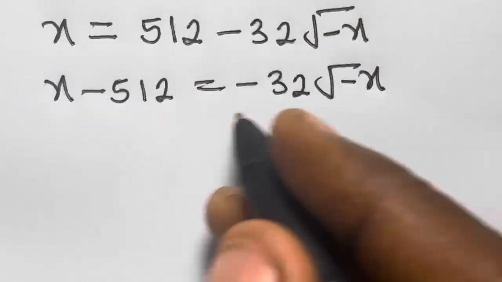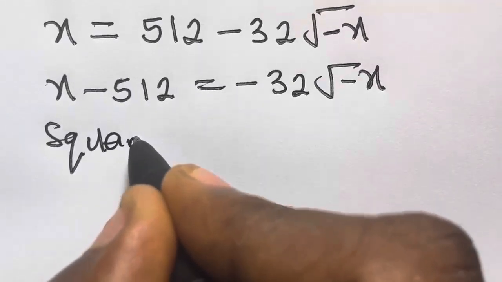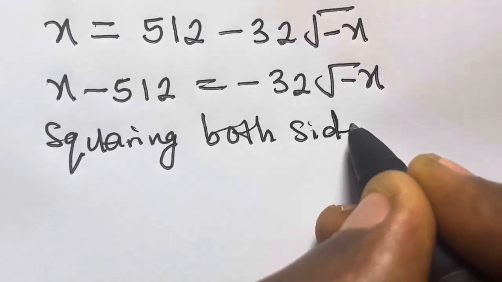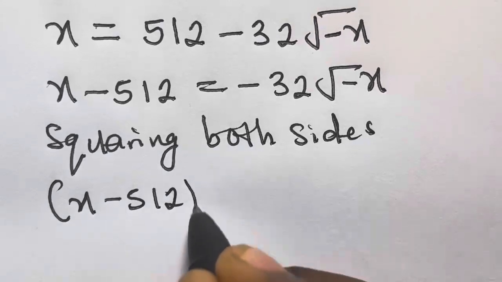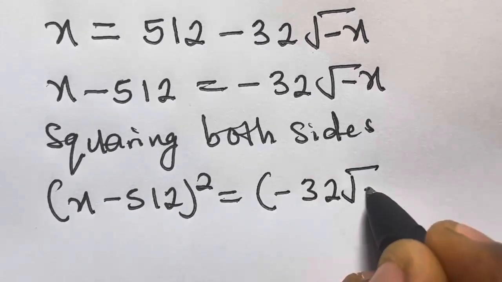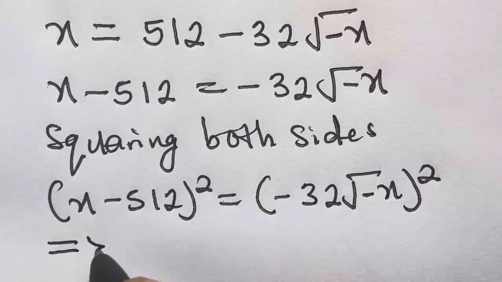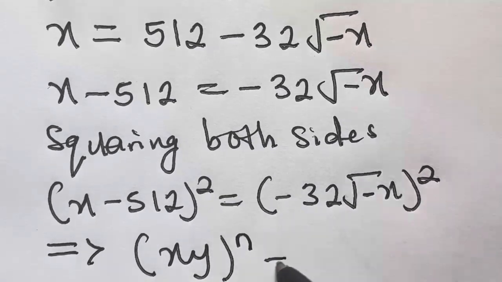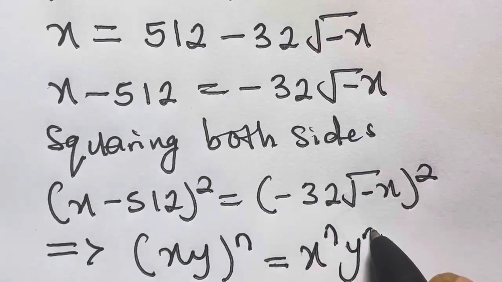Again, to move further, we have to square both sides. So squaring both sides, we'll have x minus 512 squared equals minus 32 square root of minus x squared. So here you have to note that if you have xy raised to power n, this is the same as having x raised to power n, then y raised to power n.